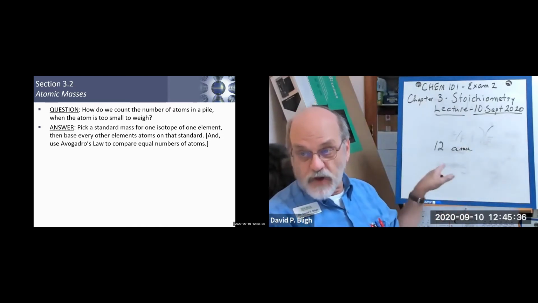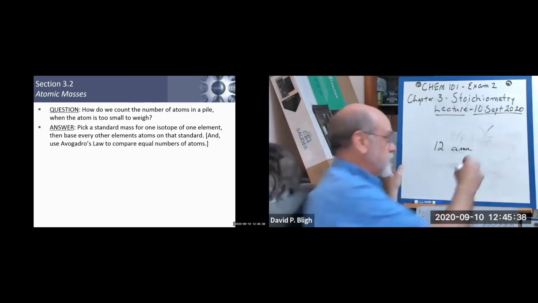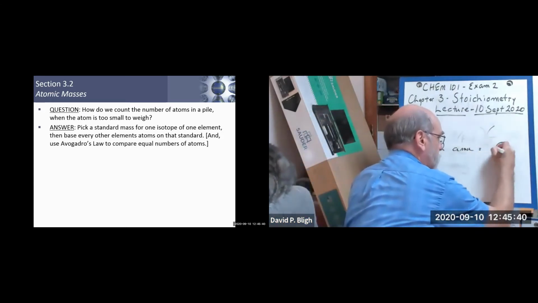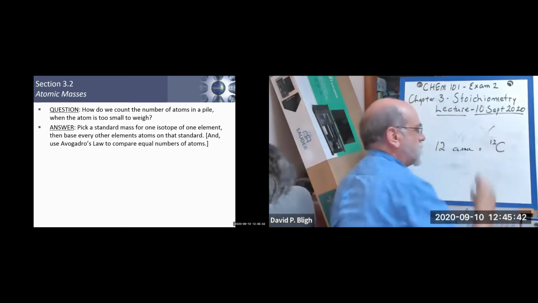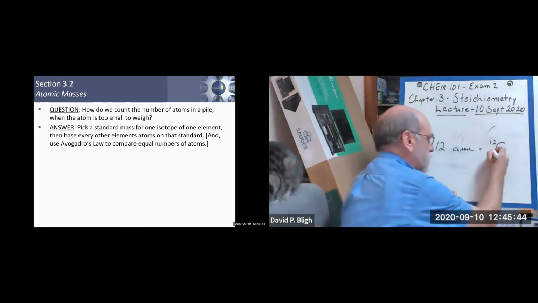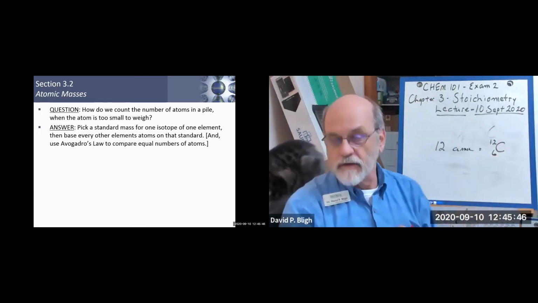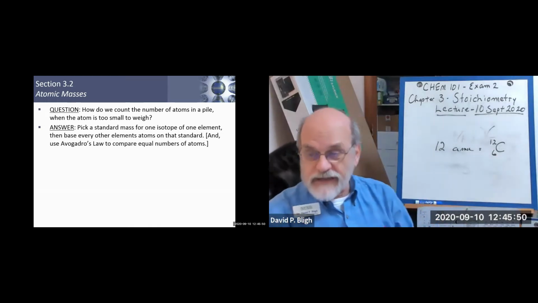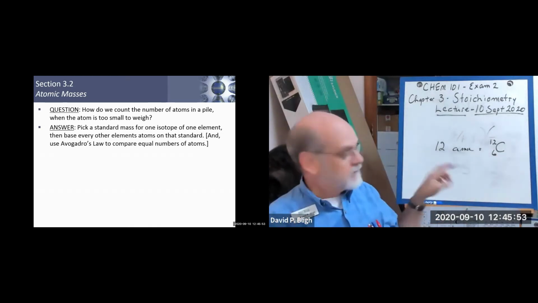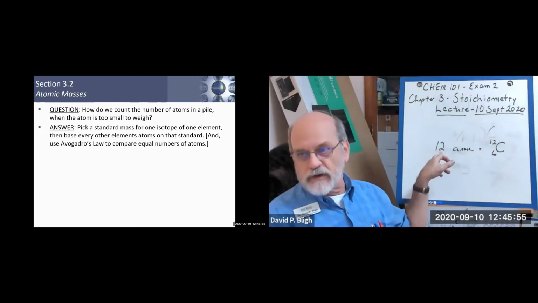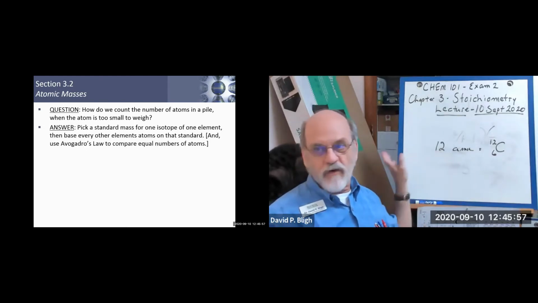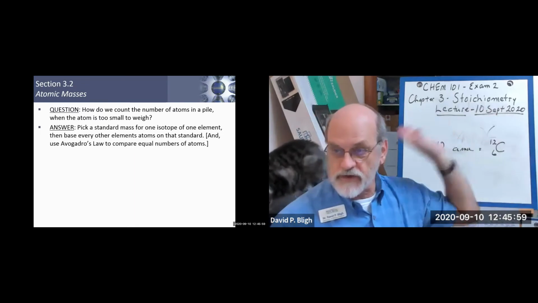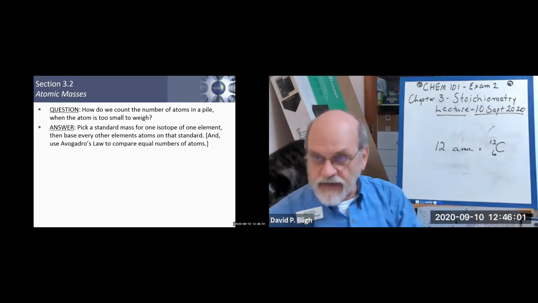And that isotope is equal to carbon. The isotope of carbon that has 6 protons and 6 neutrons is given exactly 12 atomic mass units to however many zeros you want, 12.0 infinity. That's our standard.